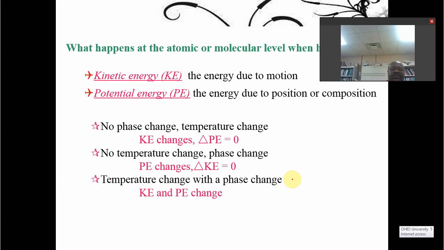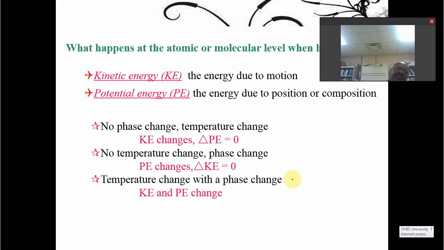At the molecular level, what's happening to the energy of the system? When we change the temperature, we're increasing the kinetic energy of the system. To simplify our life, within one phase, we'll say when we're changing the temperature, we're changing the kinetic energy, but not affecting the potential energy.